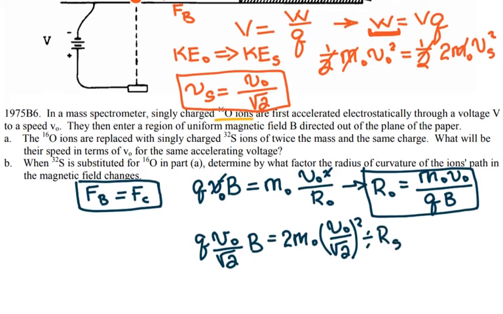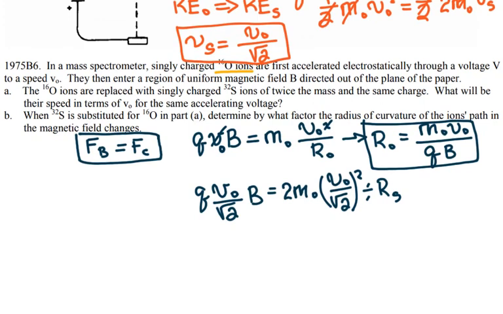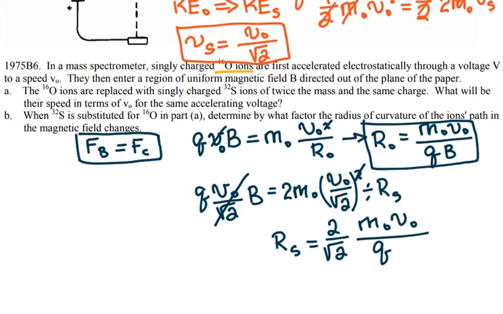It's mass v squared over the radius, right? So here I can cancel one of the V sub 0 over square root of 2, and then solve for the radius of the sulfur, which is 2 over the square root of 2 times the mass of the oxygen, velocity of the oxygen, divided by QB.